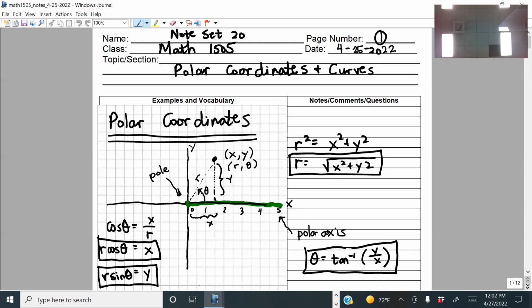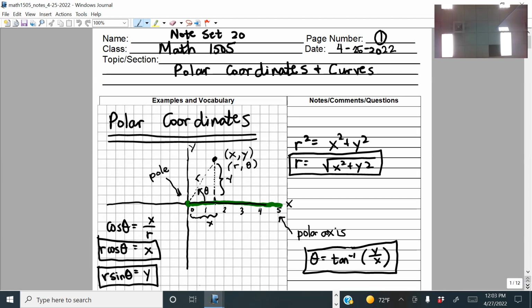So using trigonometry, you can compute the cosine of theta. Cosine of theta is what? Opposite over hypotenuse? No, adjacent over hypotenuse. I was thinking of sine. So cosine is adjacent over hypotenuse.